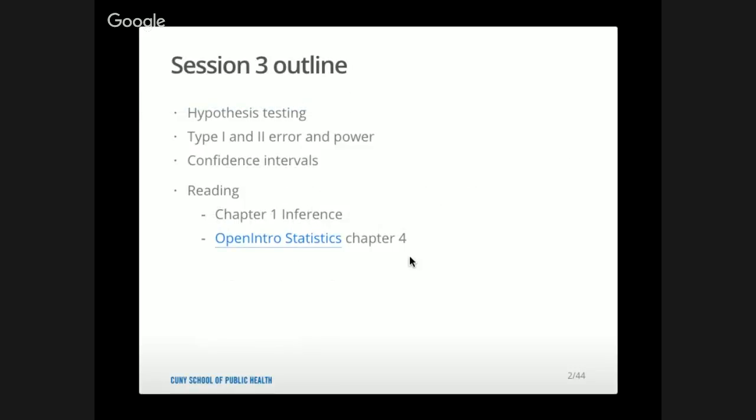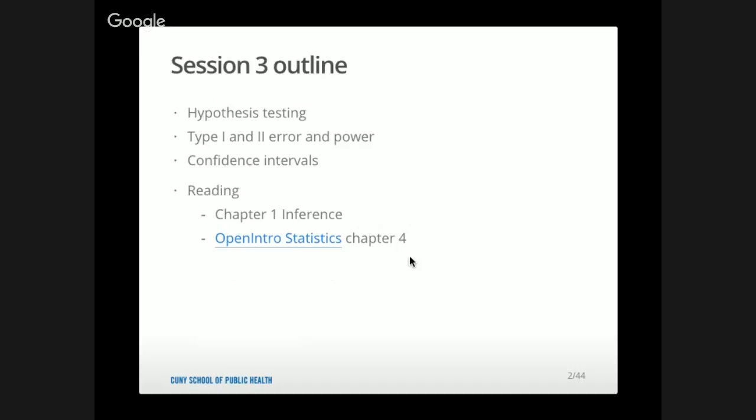Okay, so I'm going to introduce hypothesis testing today, along with type 1 and type 2 error and power analysis, as well as confidence intervals. And we're continuing today in chapter 1 of the book, but I added an extra optional reading for you today because I found that this section of the book goes right into some examples, but has very little on background and conceptual things about hypothesis testing, which are important.